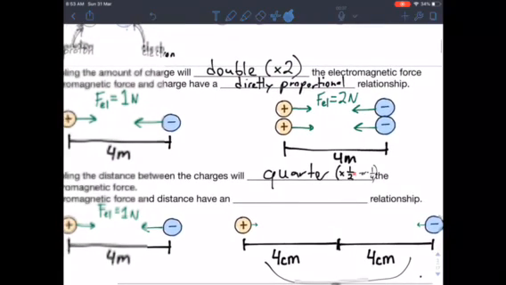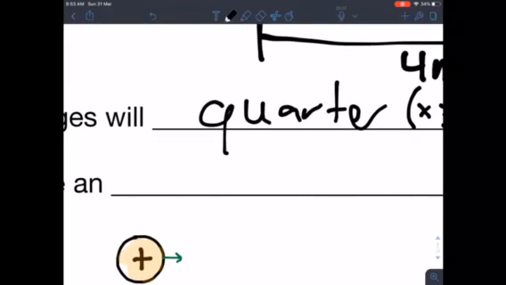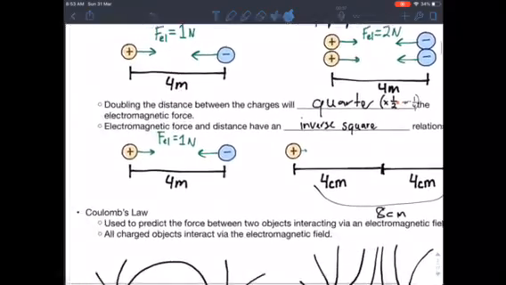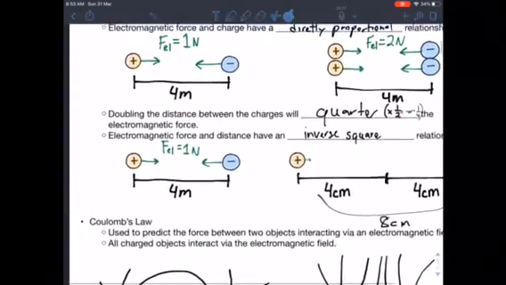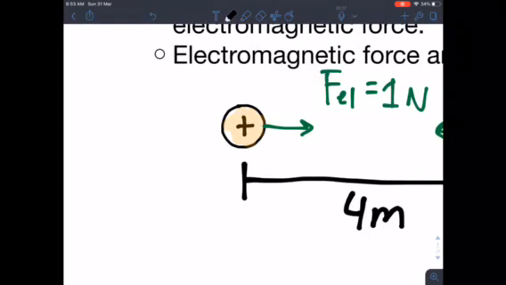Okay? So this is why we say that electromagnetic force and distance have an inverse square relationship. Okay, let's do some quick math, just to make sure we understand what's going on.